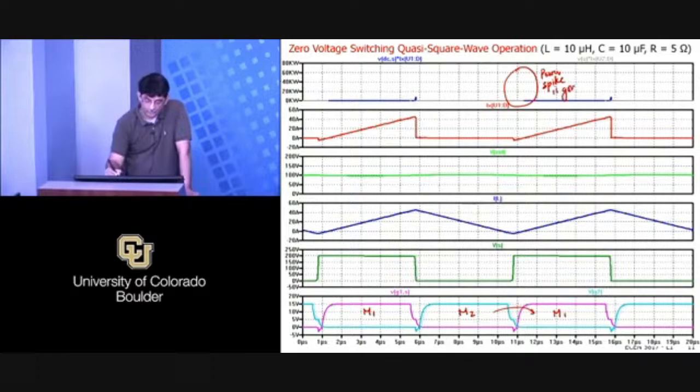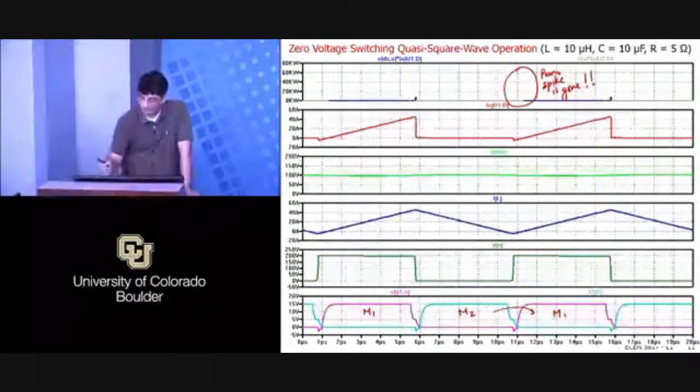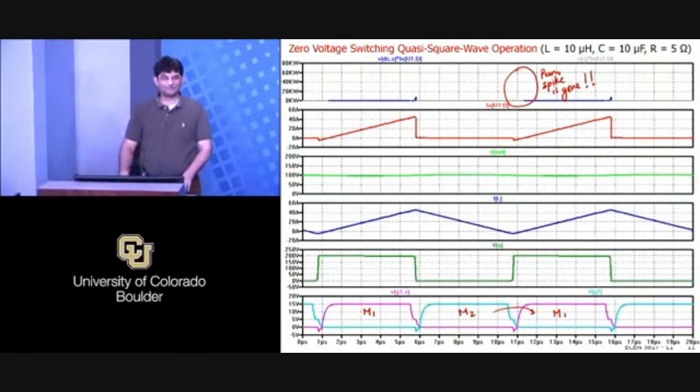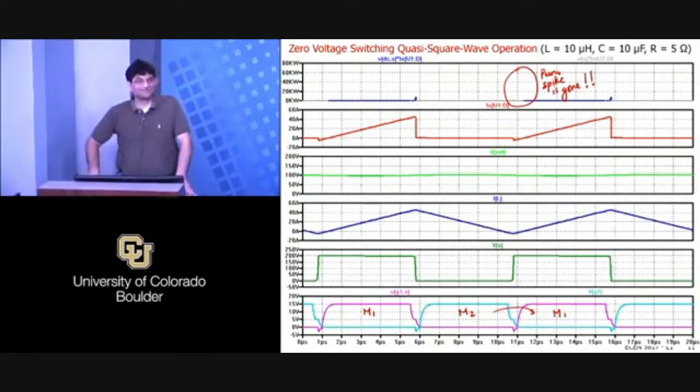It is gone. What happened? Ooh, magic. I just changed the inductor value from 100 microhenry to 10 microhenry, and you have no power spike. That was the problem, right? That was the big loss. That was the diode reverse recovery. If we add capacitors, there's capacitor discharge and charge loss as well. All of that's just gone.